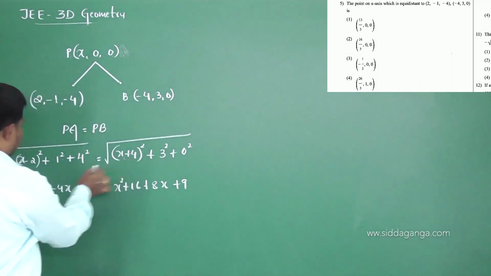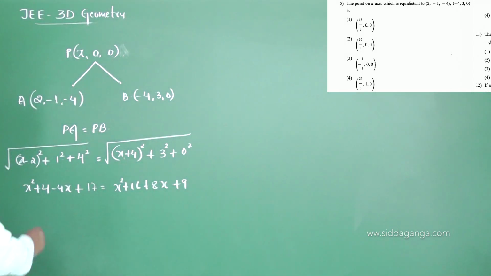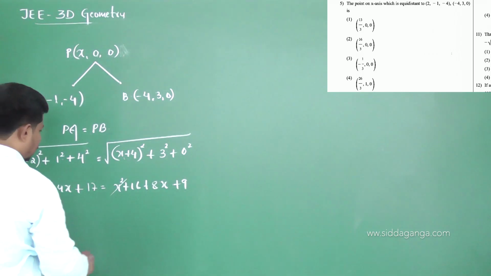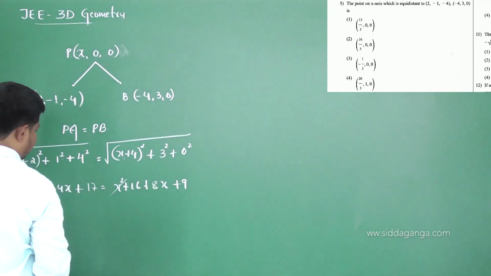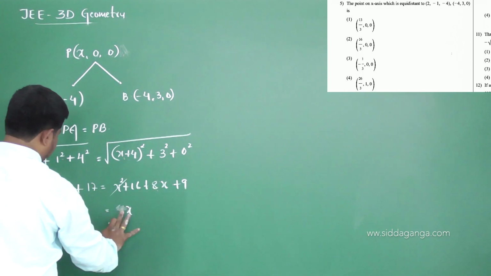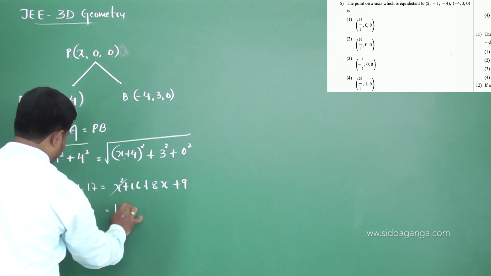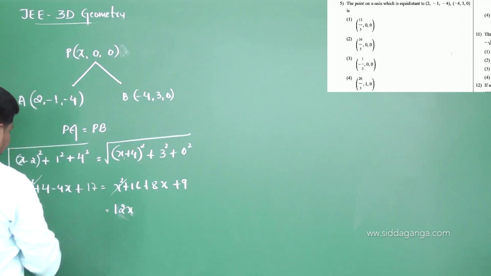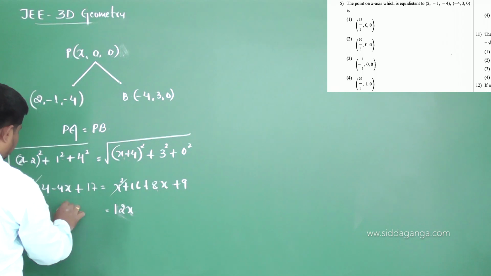This is what? (a plus b) whole square, this is also (a minus b) whole square. So x square can cancel on both sides. Now 4x, this is 8x, you get 4x, 8x plus 4x, 12x. So 4 plus 17, 21.